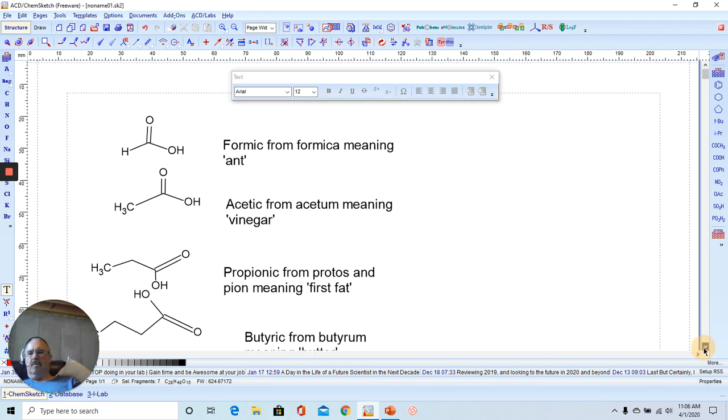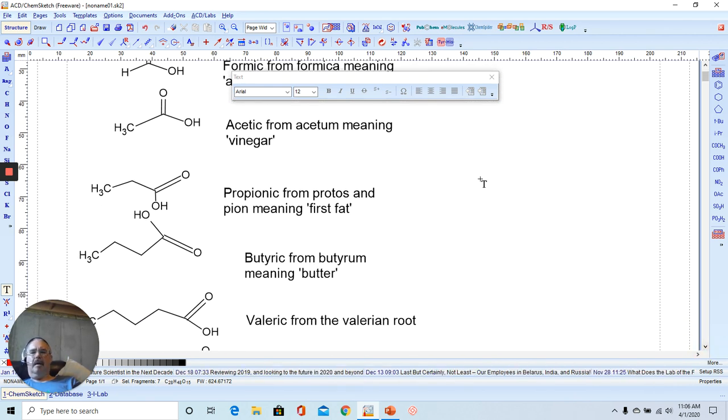Propionic acid, or propanoic in the IUPAC, comes from two words, protos, meaning first, and pion, meaning fat. Propionic acid is a component of the breakdown of butter fat, and it is responsible for the odor and flavor of Swiss cheese.